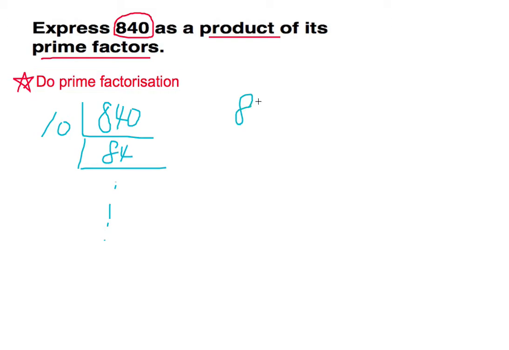So immediately when I see 840, I know that it is 84 multiplied by 10, which I will further break down, because 10 is 5 times 2, so these are primes, but 84 is slightly different.